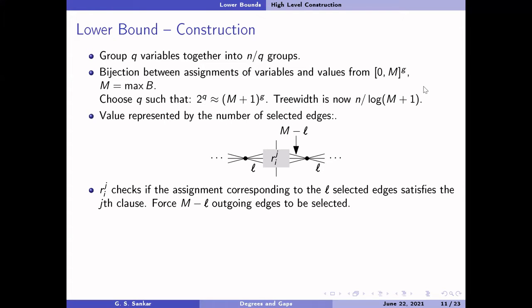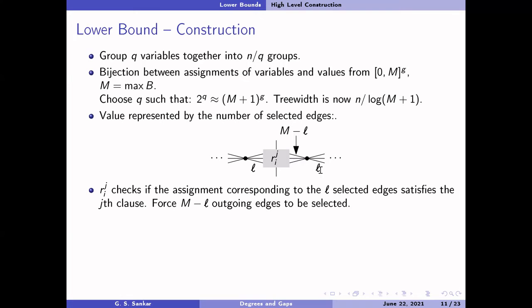So the only thing that needs to be done is to somehow ensure that the information of the states is being transferred along the row. And we'll do this also with these gray boxes. We'll call them relations because they somehow encode a relation over the edges incident to the box. For example, if it has L edges coming in from the left, it'll ensure that m minus L edges go in to the right.